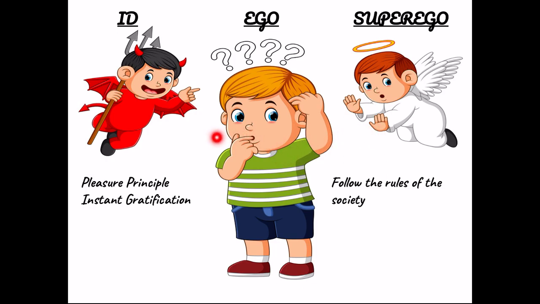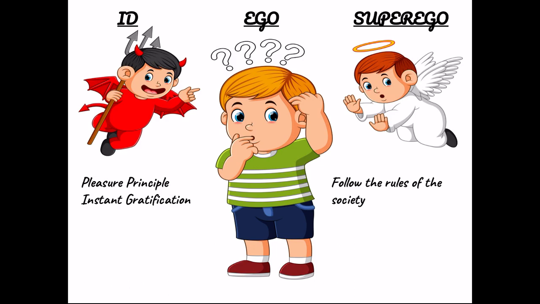Now we see this devil as the id, the child as the ego, and the angel as the superego. The id is the first to develop in life, then comes the ego, then comes the superego. Now what is the id? It is the selfish person inside us, which is based on the pleasure principle. That is, all its needs should be fulfilled instantly.